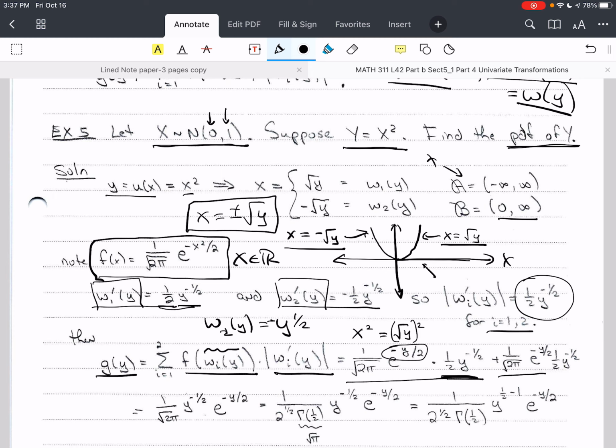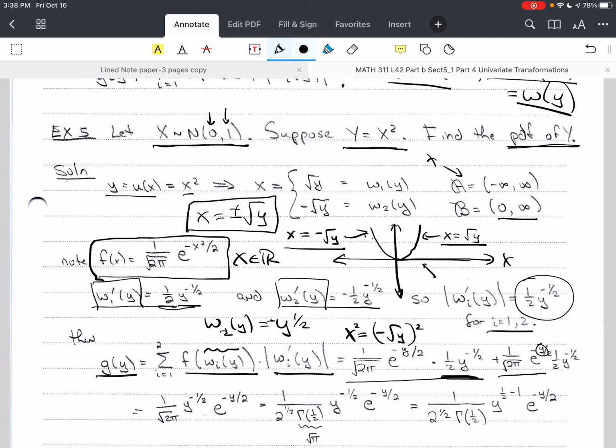And so then we have a similar thing for the other, and it turns out to be identical, because once we square x, which is negative square root of y, I have to be careful, I just put the negative in the wrong spot. So if x equals negative square root of y, we square both sides, x squared is still positive y.